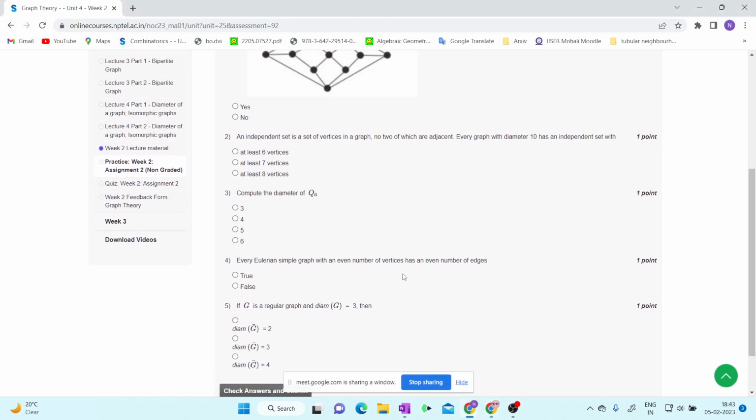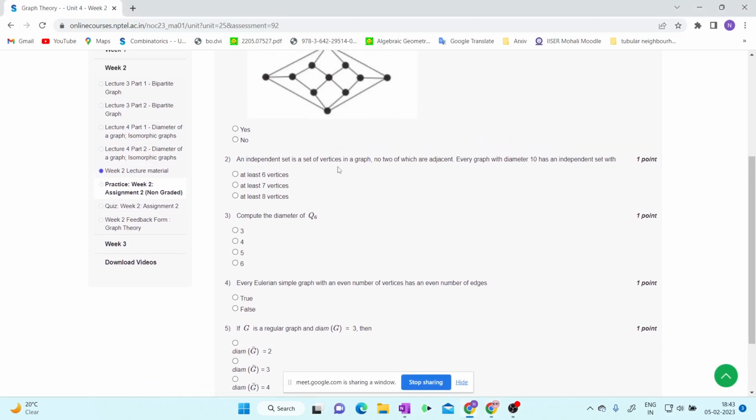An independent set is a set of vertices in a graph, no two of which are adjacent.